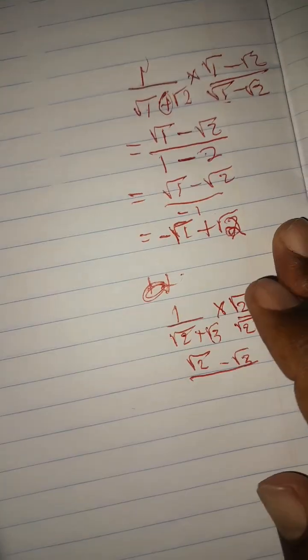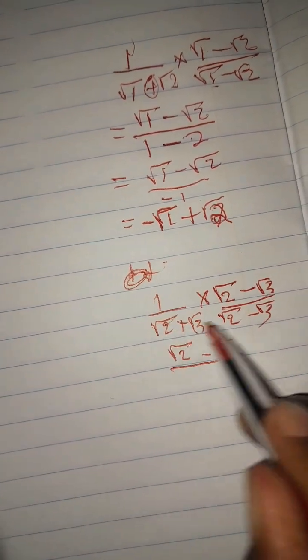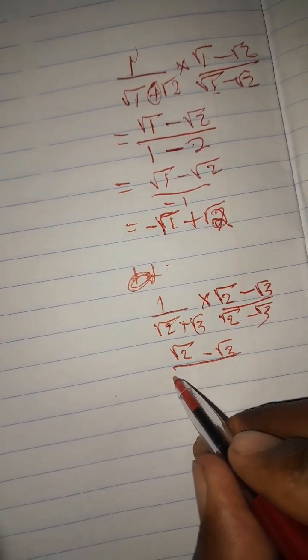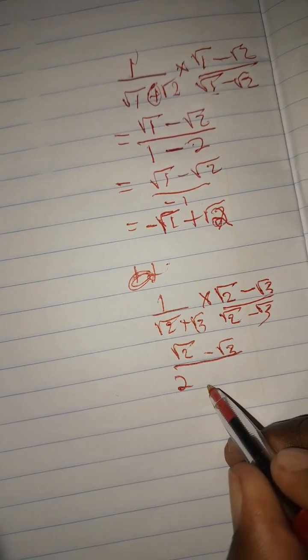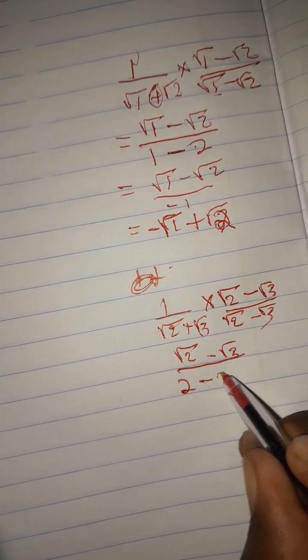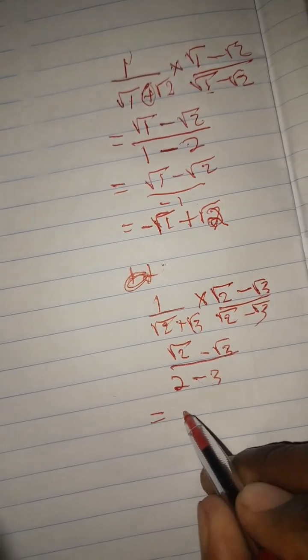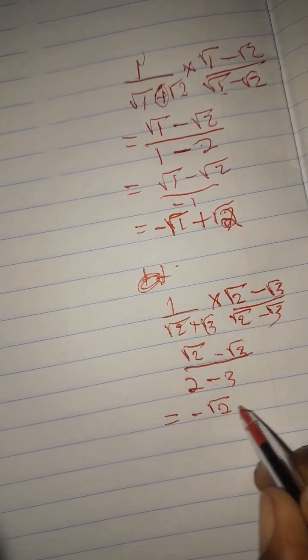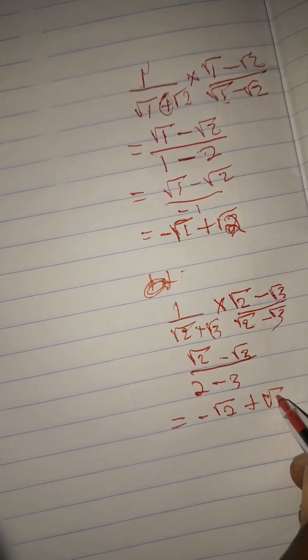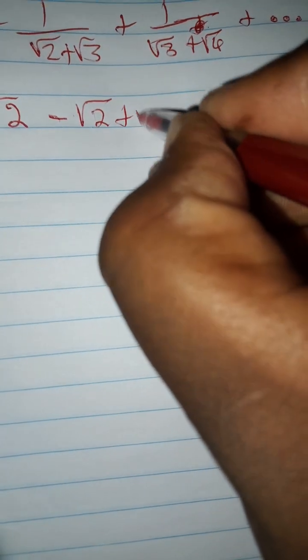Then you know this is in the form of a difference of squares. √2 times √2 is 2, and √3 times negative √3 is minus 3. So when you simplify further, we get negative 2 plus √3... that is, negative √2 plus √3. So this will be the second term.